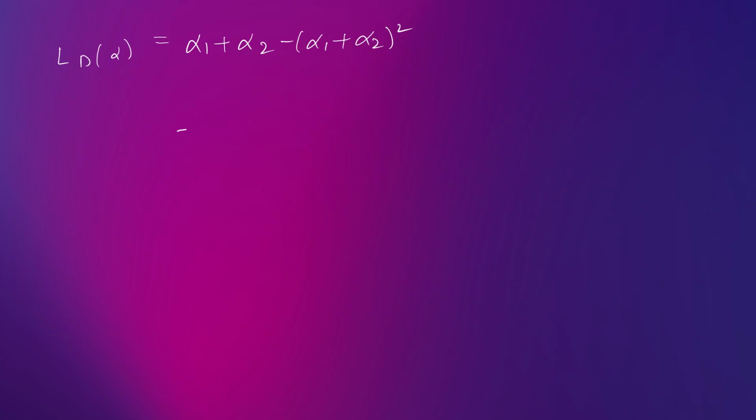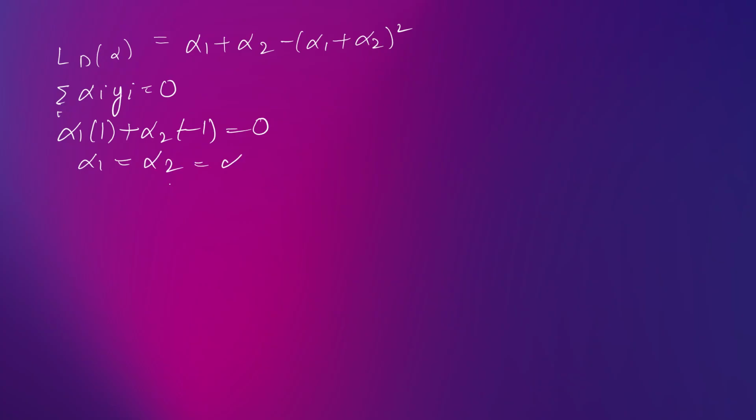Now, if you read the question, you are given a constraint summation alpha i yi is equal to 0. So that is alpha 1 into 1 plus alpha 2 into minus 1 should be equal to 0. By this, we can say that alpha 1 is equal to alpha 2 is equal to alpha.